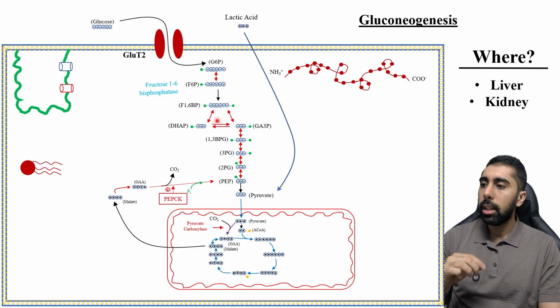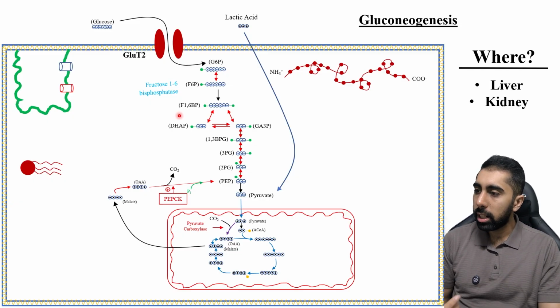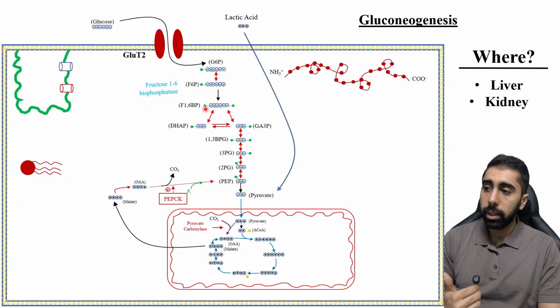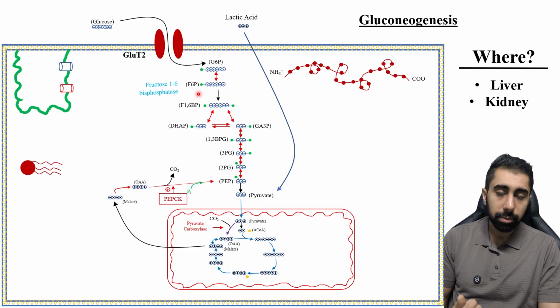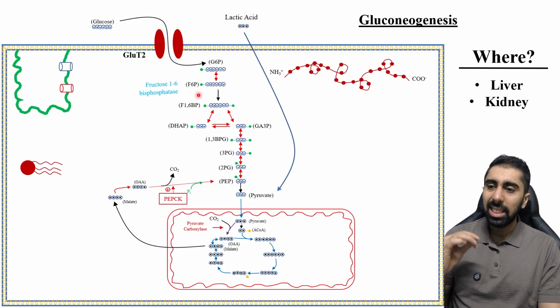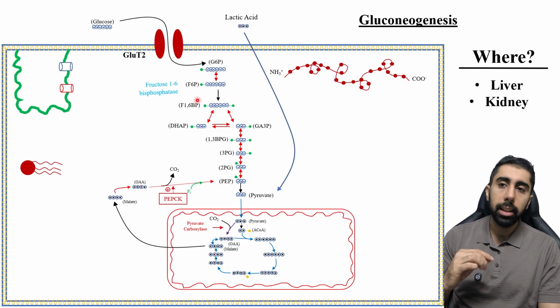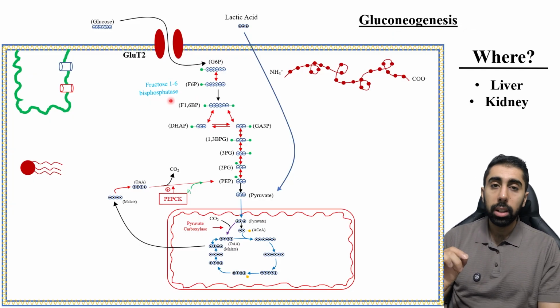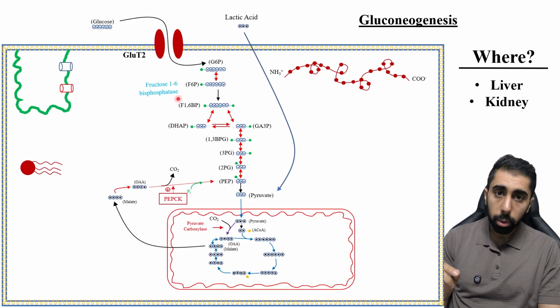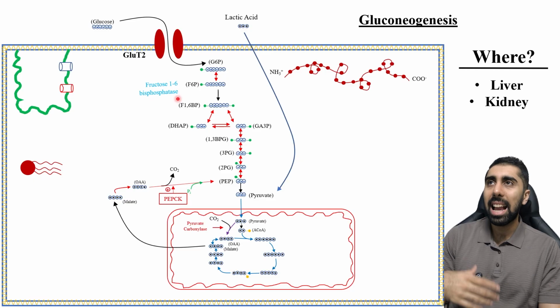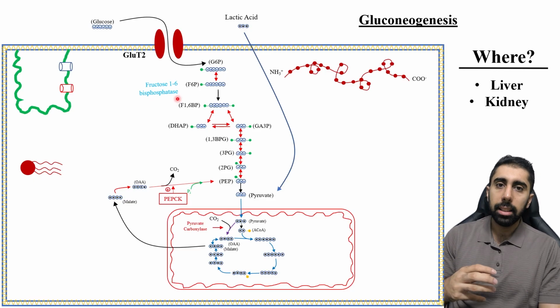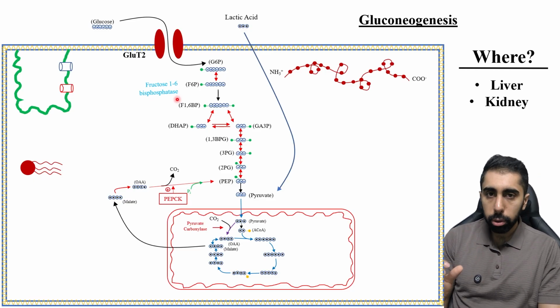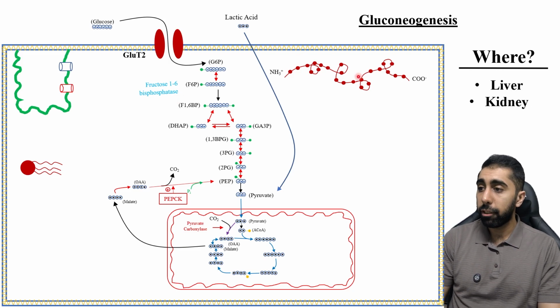So it is nearly impossible to turn fructose 1,6-bisphosphate into fructose 6-phosphate in muscles, and this is why we say muscles cannot do gluconeogenesis. They do not have enough of the enzyme, and in some cases they lack some enzymes, and in some cases the amount is not enough to do gluconeogenesis efficiently.